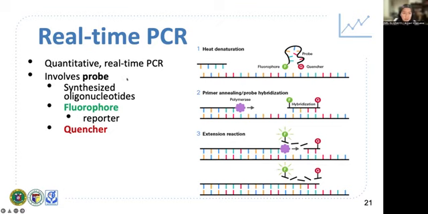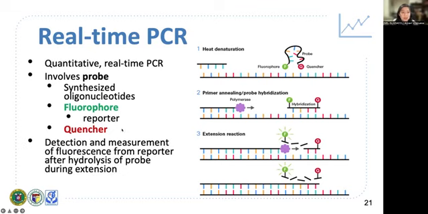So again, pag probe, you have your oligonucleotides, fluorophore, and a quencher. And the detection and measurement of fluorescence from your reporter or your fluorophore after the hydrolysis of your probe during the PCR process is what actually gives out your result in real-time PCR.